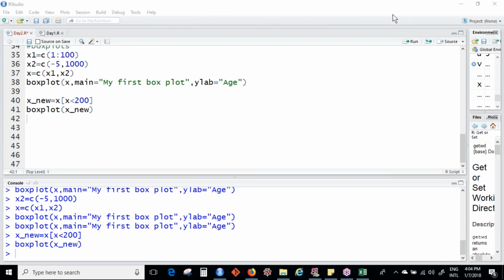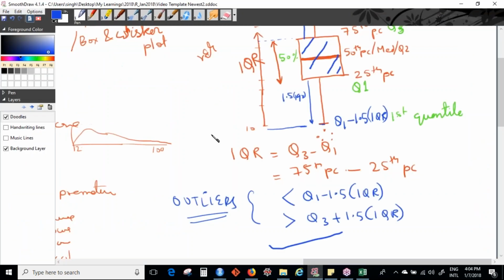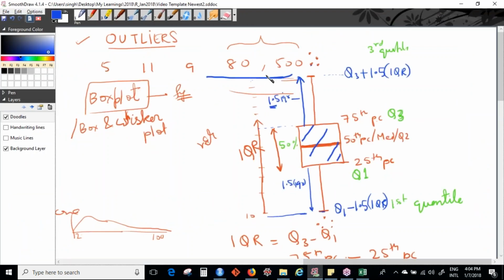Vagish is asking a question. How can we check for 80 and 500 for outlier? I did not understand the question. Can you rephrase? Okay, you want to check for 80 and 500. From the previous example, the numbers I took were 5, 11, 9.